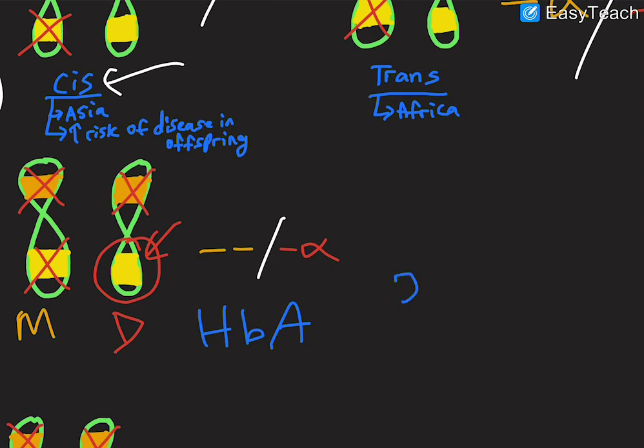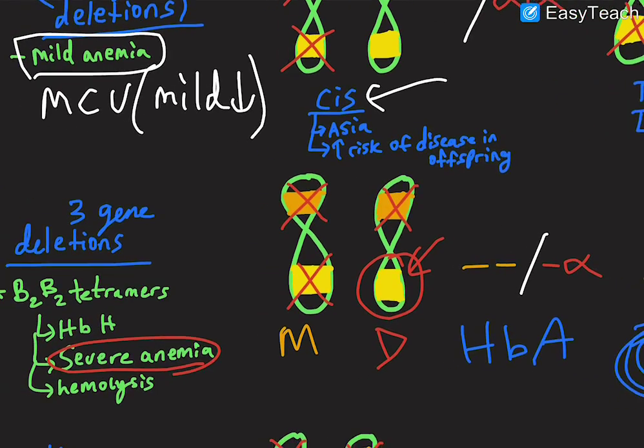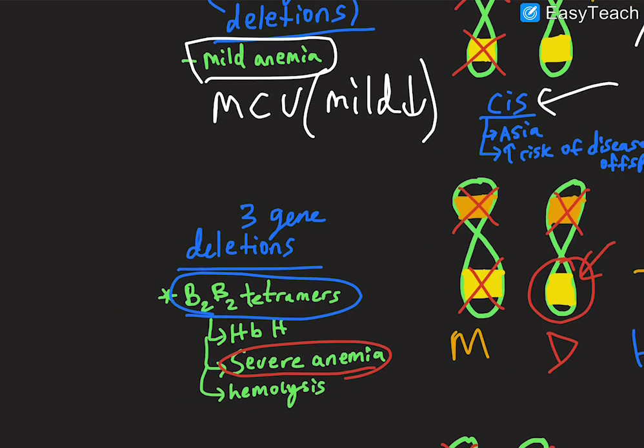Adult hemoglobin was two alpha chains and two beta chains. Well, if you're not producing adequate alpha chains anymore, and you only have beta chains, these beta chains will start combining with other beta chains, and you will start getting beta tetramers, beta 4 tetramers basically. So you can write this as this too.